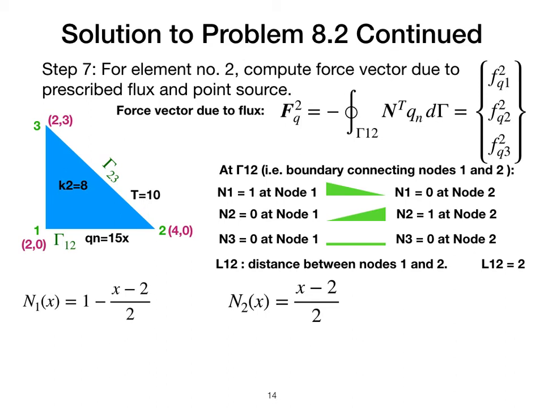Hence n1 is equal to 1 minus (x minus 2) over 2, so that when x equal to 2 we have n1 equal to 1, and when x equal to 4 then we have n2 equal to 1. So n2 is (x minus 2) over 2 and n3 equal to 0.